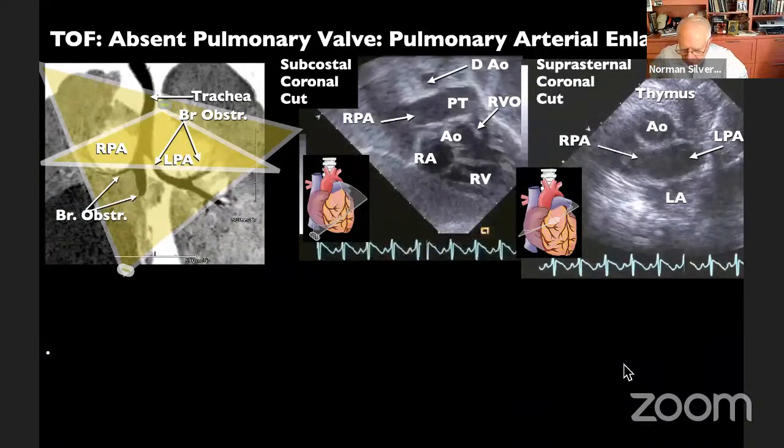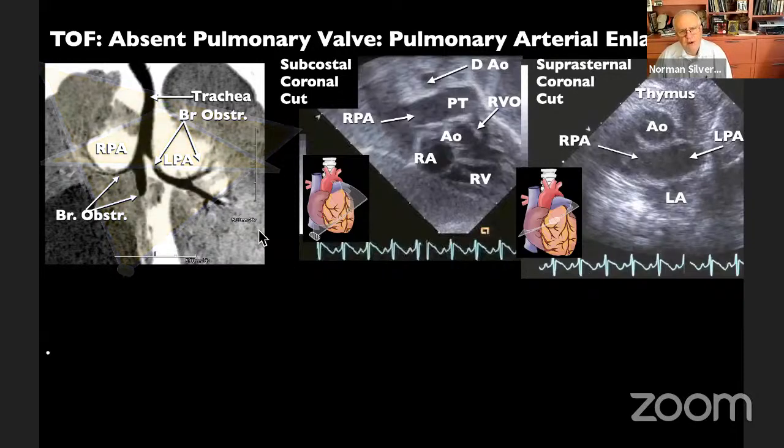But here's the real crux of this disease, and that's this CT scan, which shows here the tracheobronchial tree with these massive pulmonary arteries enlarging and compressing various parts of the windpipe. And you know that the reason why you breathe in with impunity is because the cartilage in your tracheobronchial tree prevents collapse of the airway in inspiration.